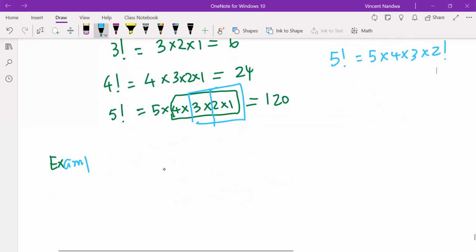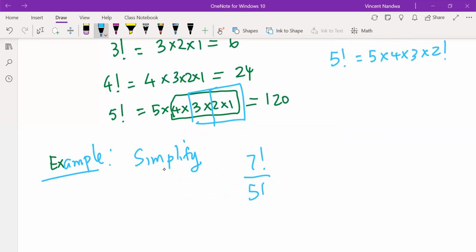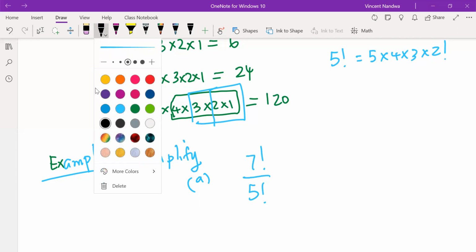So for example, simplify 7 factorial over 5 factorial. This means you write 7 factorial in terms of 5 factorial and then cancel out the 5 factorials from the expression.